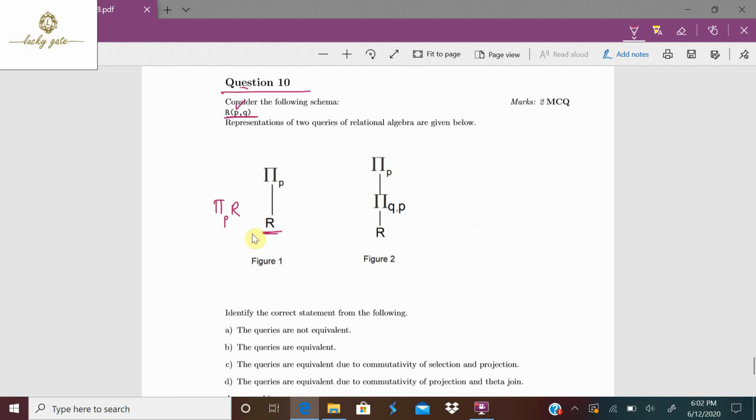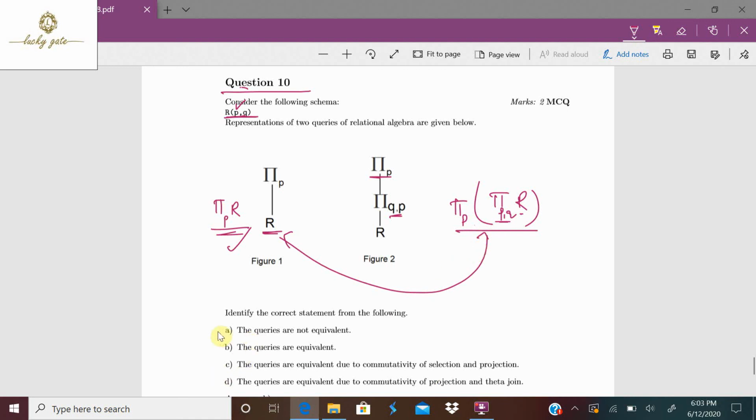Now the second one shows R of P comma Q, meaning it is projecting P and Q from R, from which again it is projecting P. What does R contain? P and Q itself. So because R already contains P and Q, writing pi PQ again is of no use. So it is the same as this expression, meaning both the expressions are equivalent.